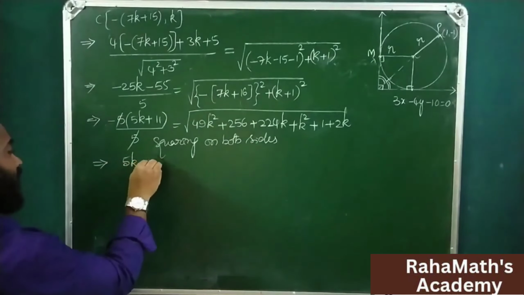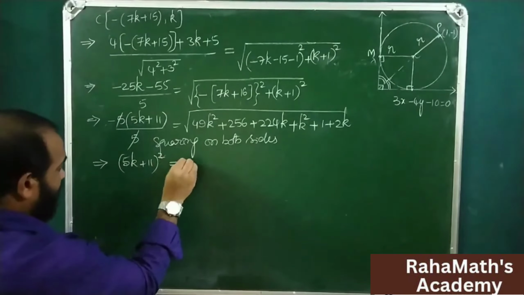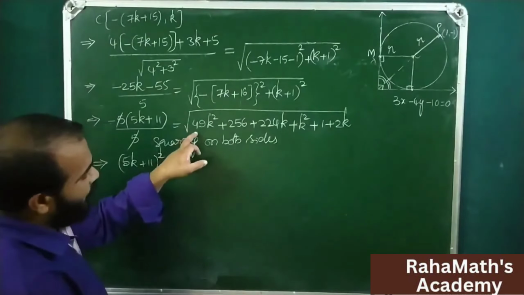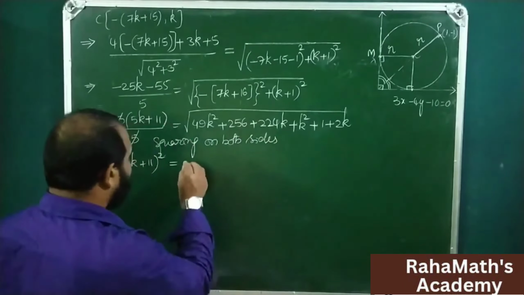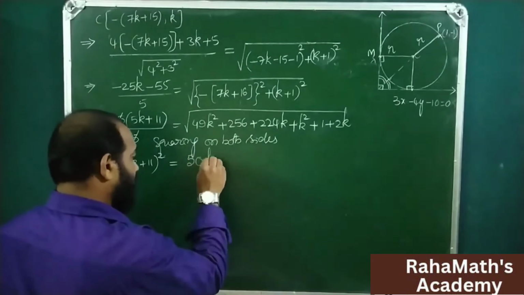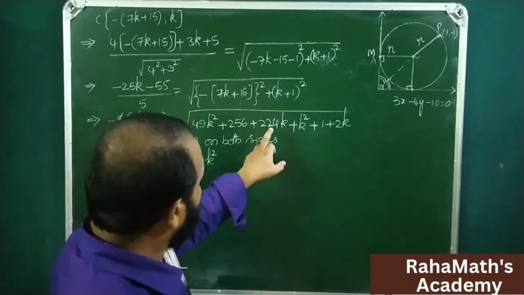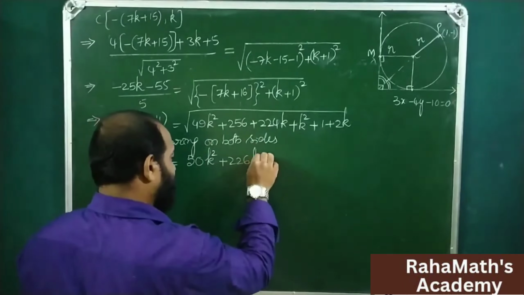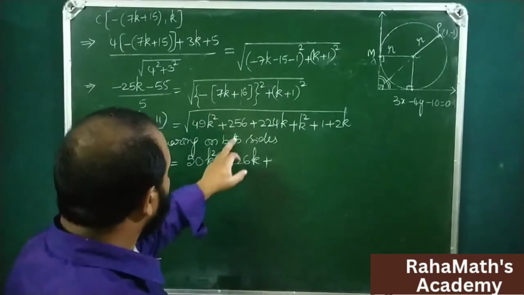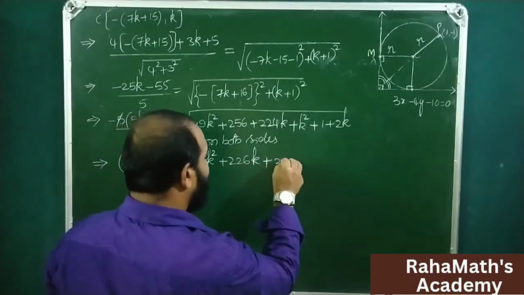5k plus 11 whole square is equal to, so square and root get cancelled, 49k square plus k square, 50k square, 224 plus 2, 226k, plus 256 plus 1, 257.